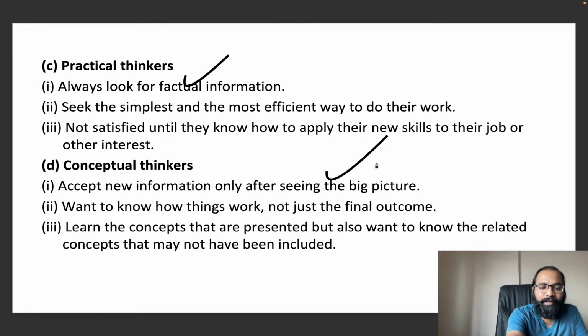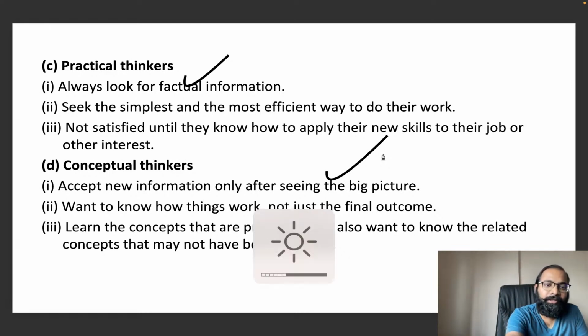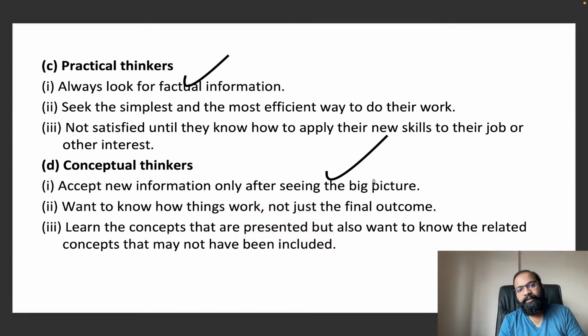Nobody would accept it. But after a big picture, now we have to accept that nuclear war is nothing compared with biological war. Correct or not? So conceptual thinking means people generally don't accept the new information until and unless they see a very big picture.